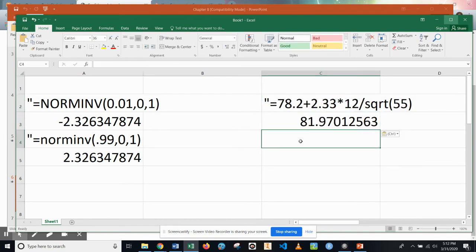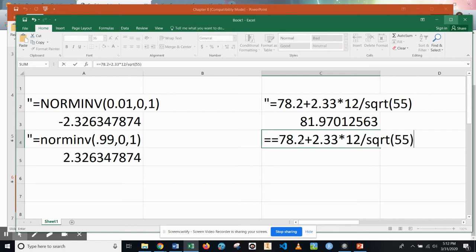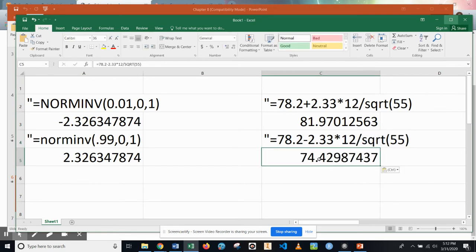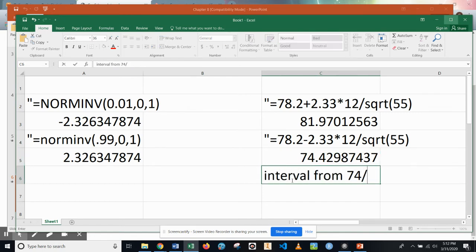Which it did. If I copy that and paste it, that's probably the easiest way to do this, because all I have to do is change that plus to a minus. That will give me the bottom value, something below 78.2. And so I get an interval from 74.4 up to 82, if you round it off.